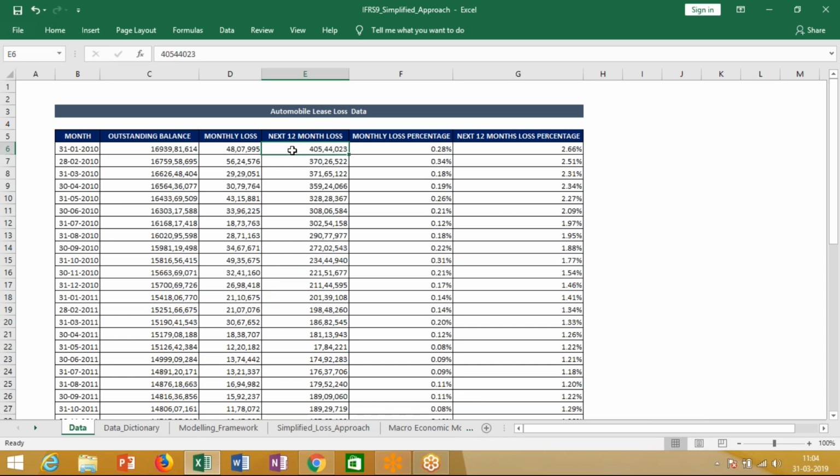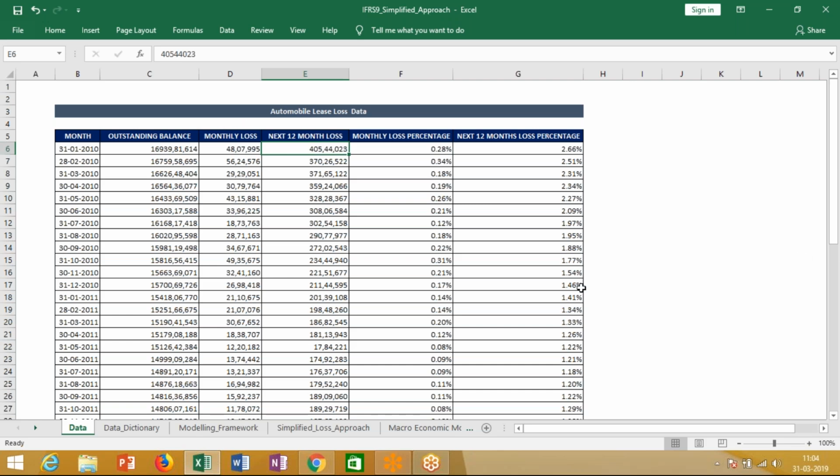But there may be a difference: the losses reported over here are your gross losses or gross charge-offs, and the next 12 months loss is maybe your net charge off.